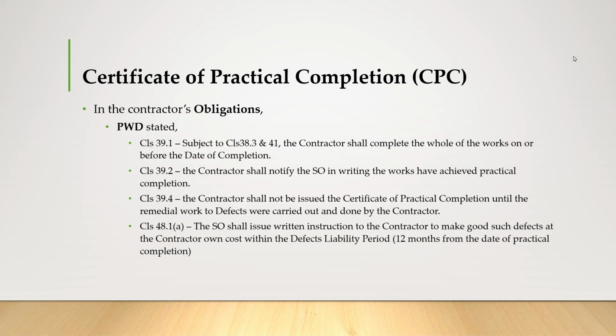The contractor shall complete the whole of the works on or before the date of completion. So also in clause 39.2, the contractor shall notify the SO in writing that the works have achieved practical completion. And also in clause 39.4, the certificate of practical completion shall not be issued until the remedial works on defects have been carried out and done by the contractor.